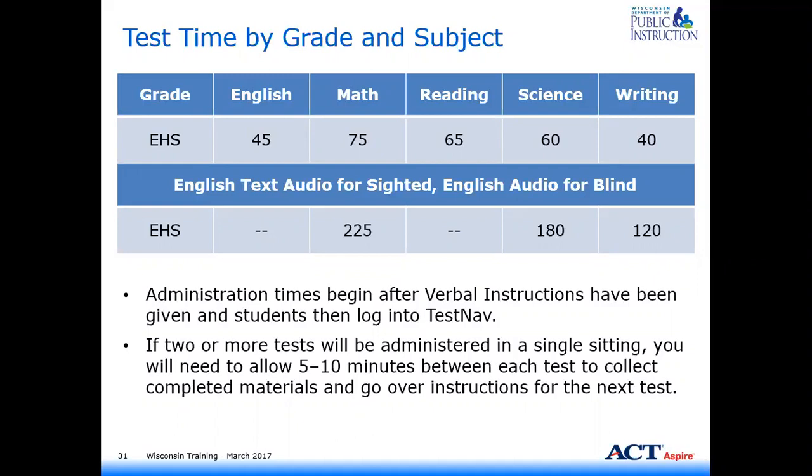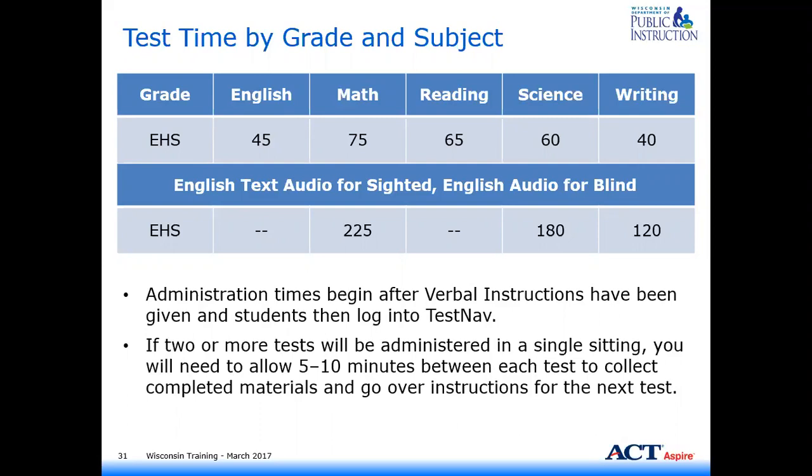If you plan to administer 2 or more subject tests in a single sitting, then just remember to take into account administrative time. So you need to plan some extra time between each test, 5–10 minutes at least, to make sure that you're collecting the previously used authorization tickets and any other materials the students may have had, scratch paper, whatever the case might be.